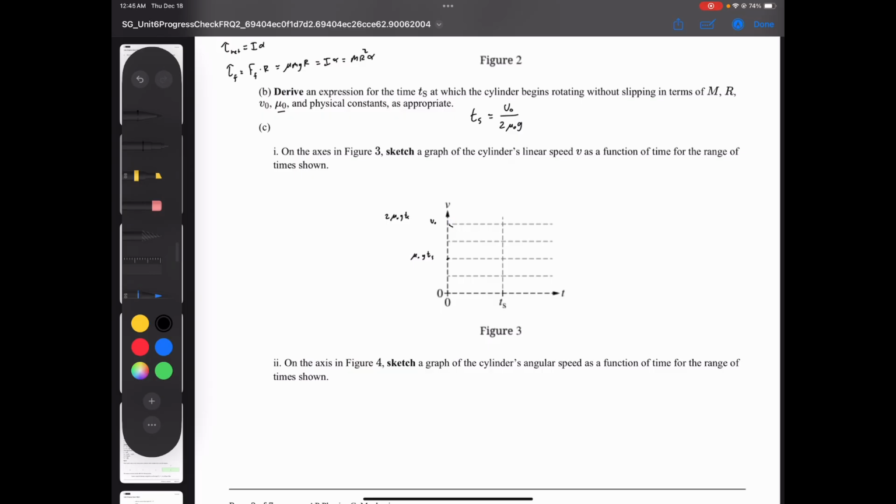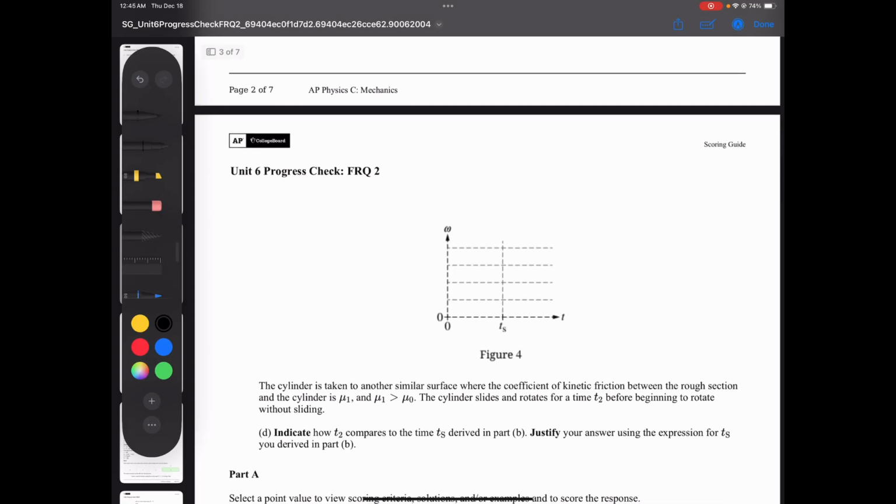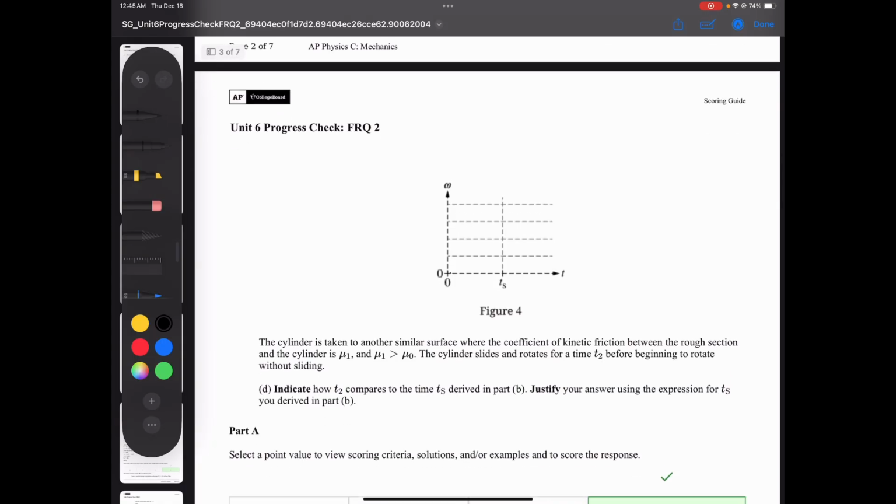So I start here. As the sphere begins to rotate while slipping, it's losing linear velocity until it reaches its velocity when it's rolling without slipping. For the angular velocity, it starts off at 0, and then it gains angular speed until it rolls without slipping.